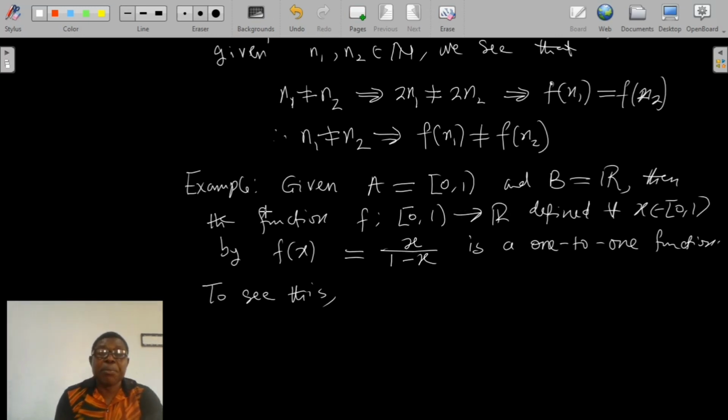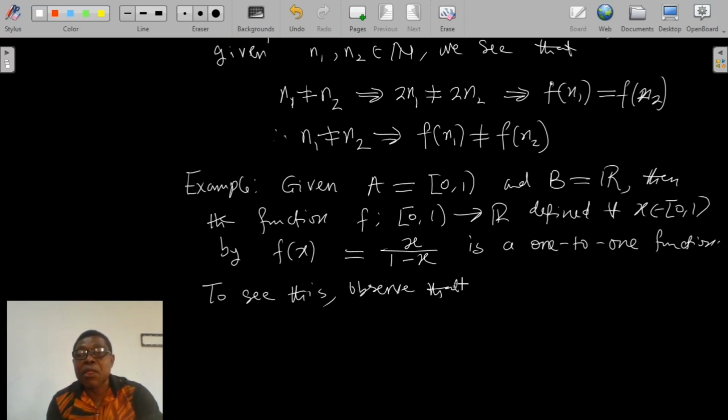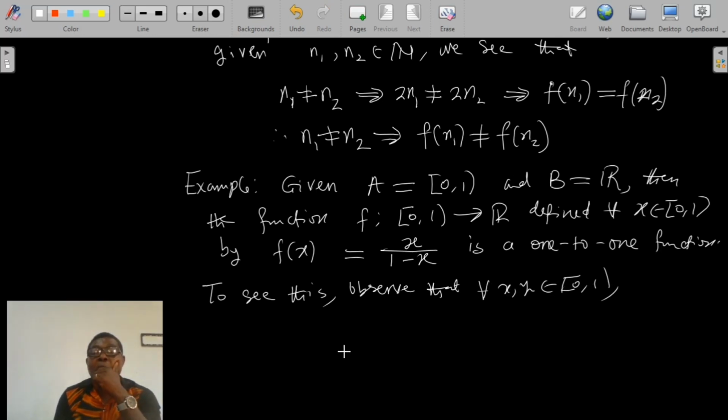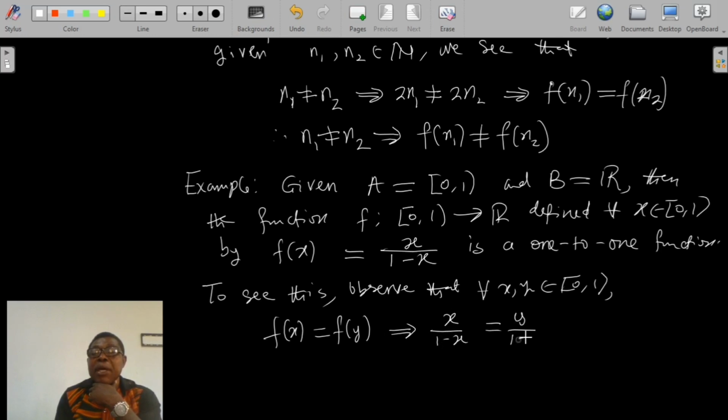To see this, I want us to observe that for any x, y we pick in the interval 0, 1, f of x equals f of y implies x over 1 minus x equals y over 1 minus y.